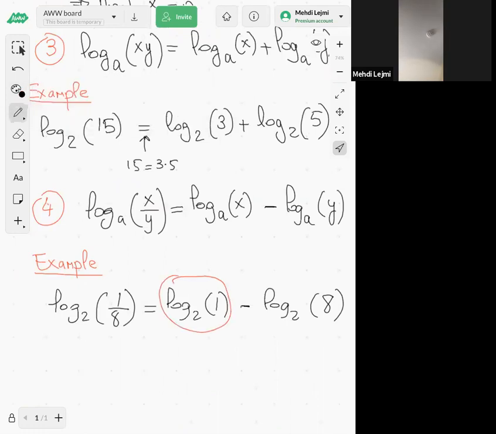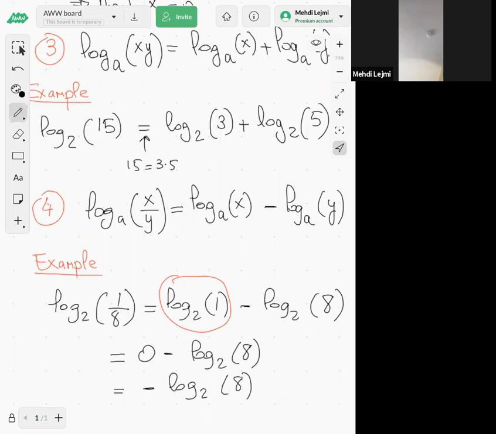So this is actually equal to 0 minus log in base 2 of 8, so that's minus log in base 2 of 8. All right, so that's another property of the logs. Log of division, that's the difference between the logs.